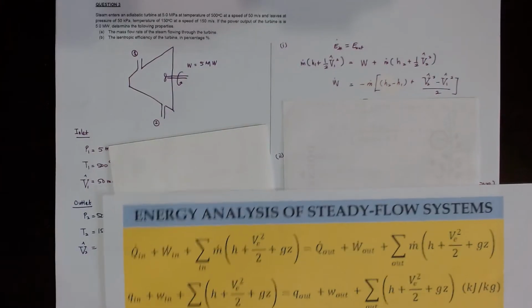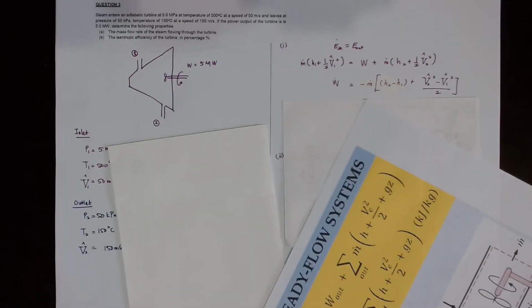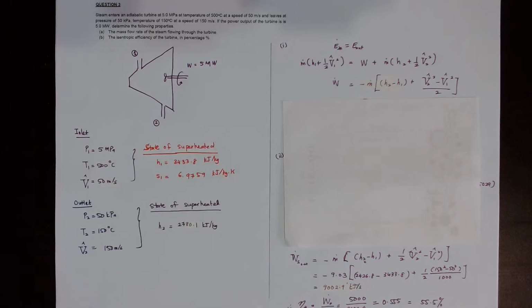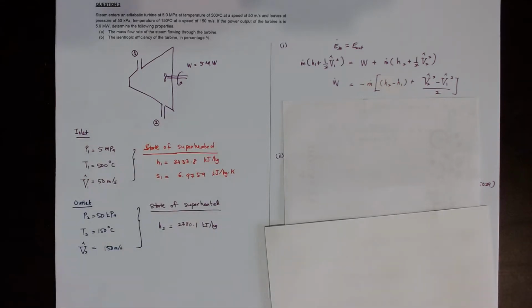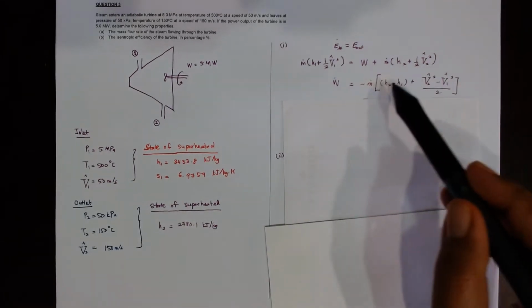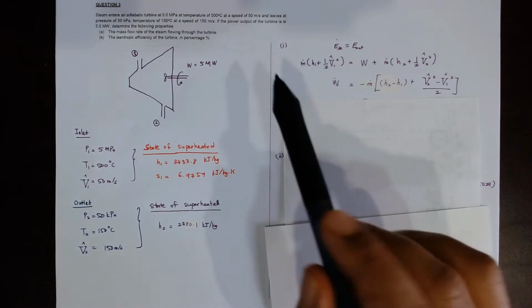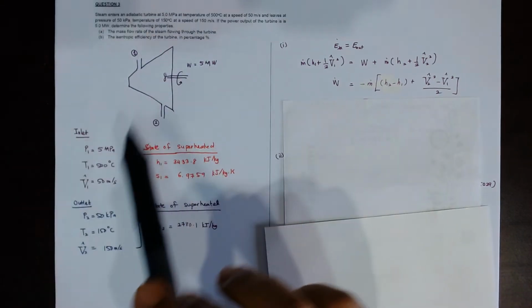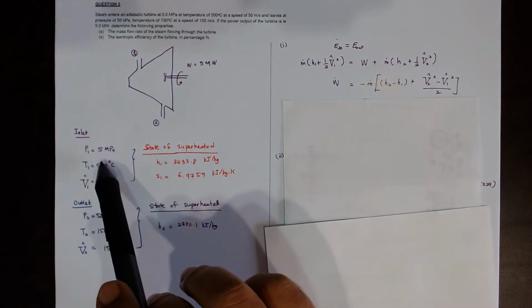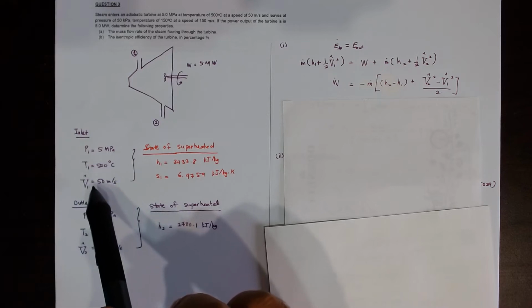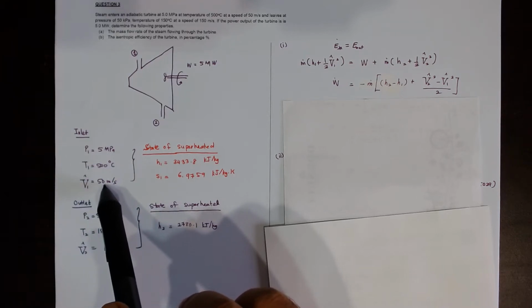Now let's move on. The state is superheated. So now we need to find h2 and h1; V2 squared and V1 squared are given by the question. So steam enters at 5 megapascal, T1 is 500 degrees Celsius, V1 is 50 meters per second.